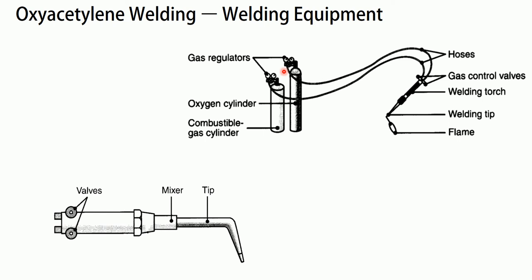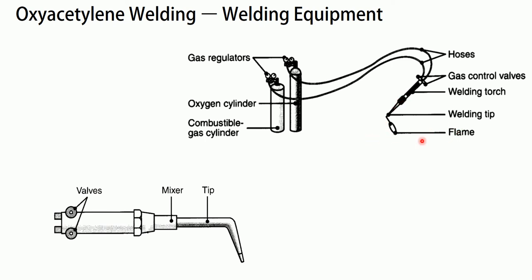So with the help of regulators, the proportion of oxygen and acetylene gases can be varied. Then these two gases are mixed together in the welding torch and from this nozzle the mixture of gases is taken out.